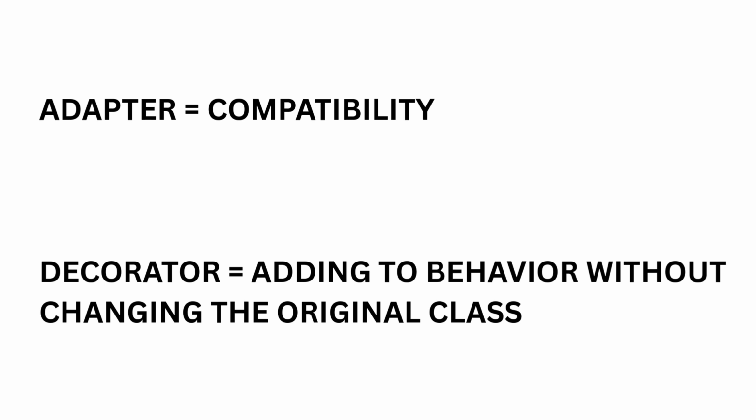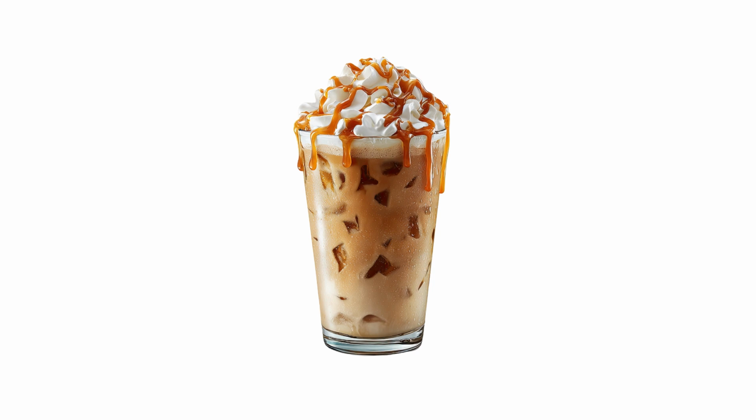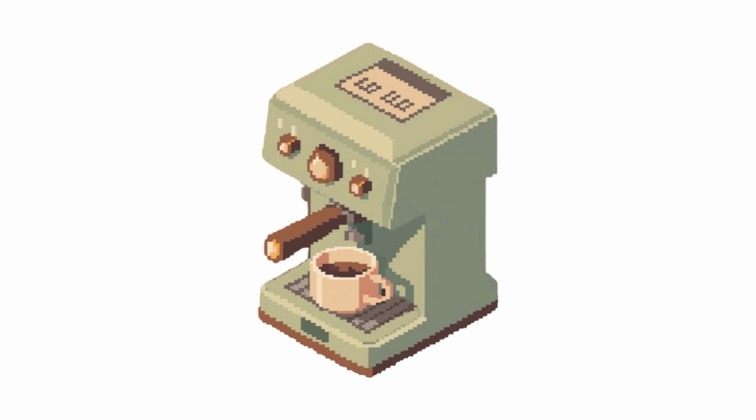So now let's compare adapter to decorator briefly. The adapter is more on compatibility, while the decorator is like adding new behavior without changing the original class. For example, decorating a coffee cup with extra toppings versus making a cup compatible with a different coffee machine.